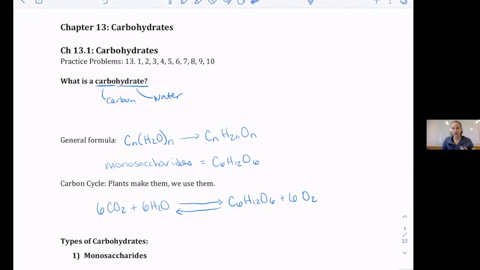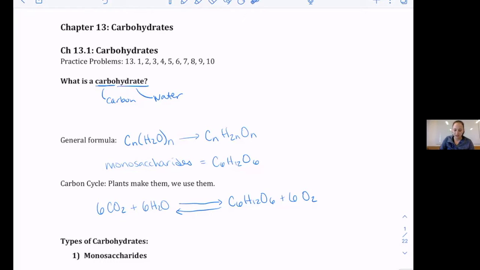For example, a monosaccharide, which we'll define in a little bit, is just the smallest subunit of a carbohydrate. It's the smallest one you see in nature, really. The most common monosaccharides are hexoses, which means that it has 6 of these units, and so we see C6H12O6.